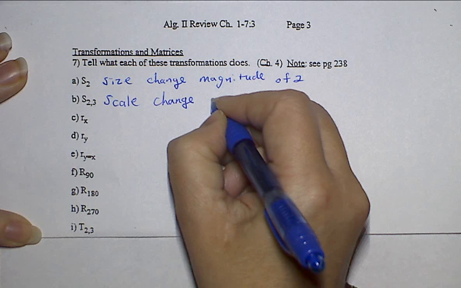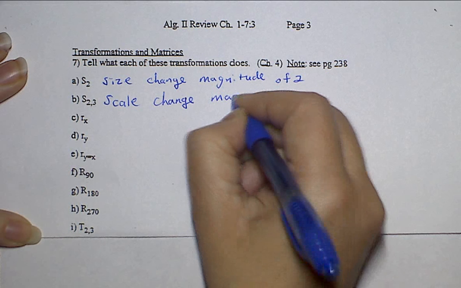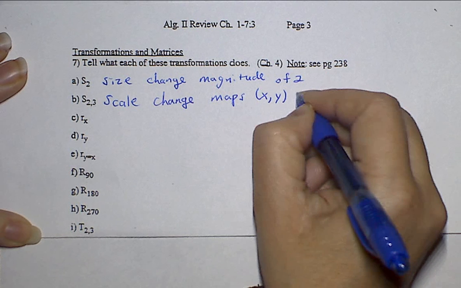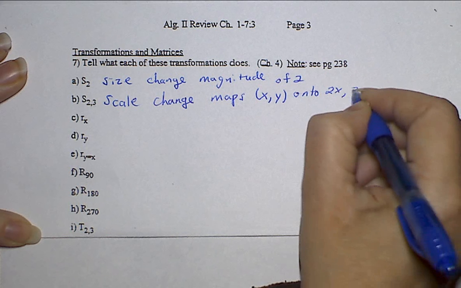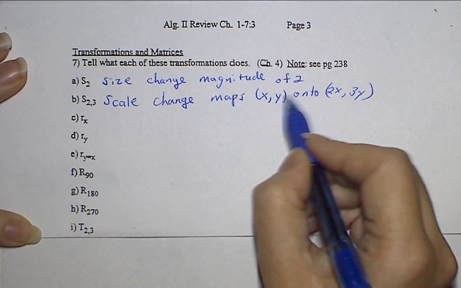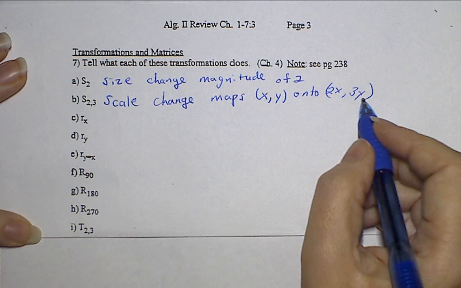And remember that one way you could write it out is maps the point x, y onto 2x, 3y. Meaning whatever your x value is, you multiply it by 2, and whatever your y is, you multiply that by 3 when you have a point.